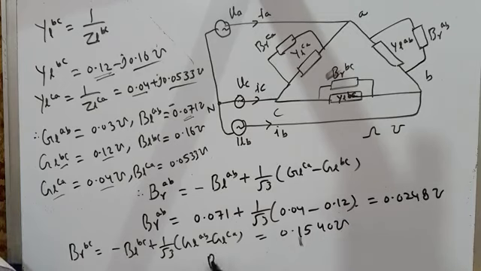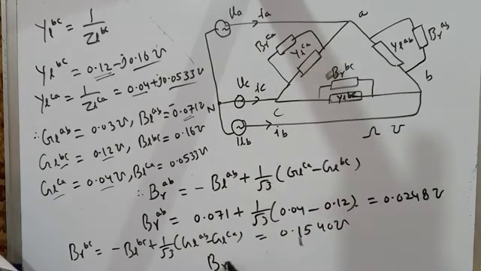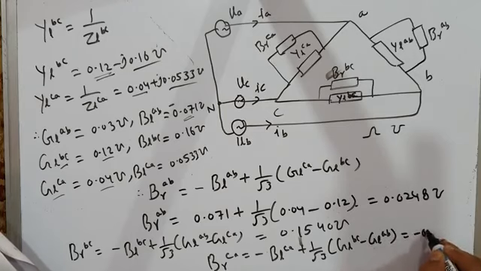And similarly, you can find the compensator CA branch susceptance B gamma CA equal to minus BLCA plus 1 by root 3 times GLBC minus GLAB. If you calculate it, it is minus 0.0011 mho. That's all. So this is part 1.